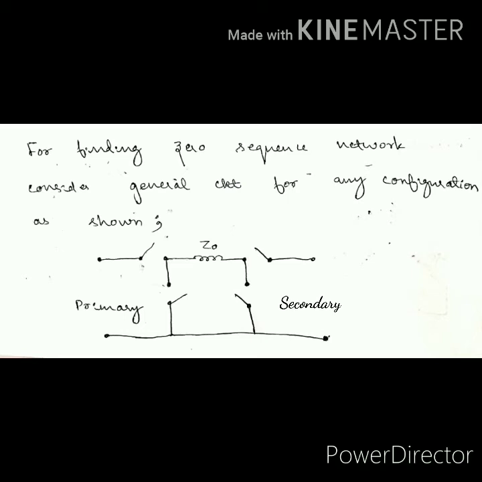So you have primary and secondary side, and Z0 is nothing but the per phase zero sequence impedance of the transformer winding. And you have two sets of switches: one set is series switch, one more is a shunt switch. Using this we are going to draw the zero sequence network.